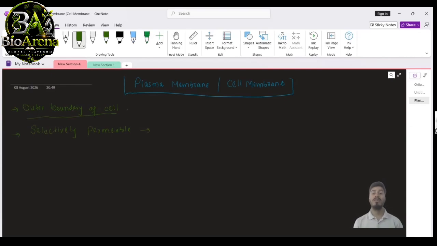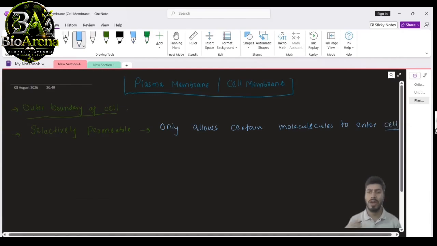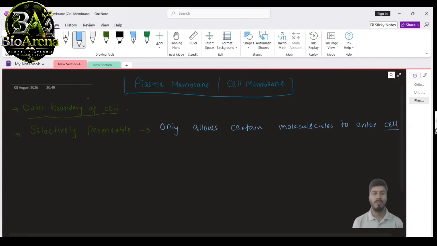It only allows certain molecules to enter the cell. Based on the requirement, the substances are allowed through the plasma membrane.